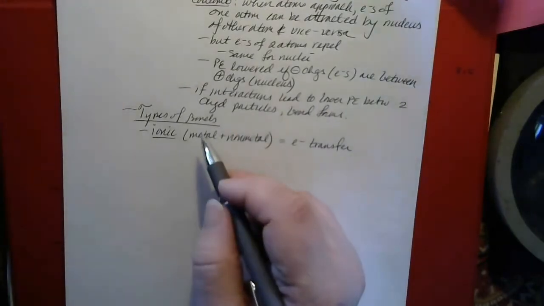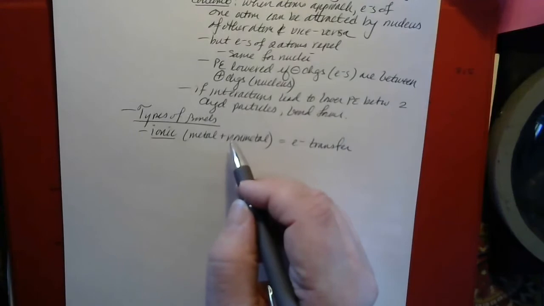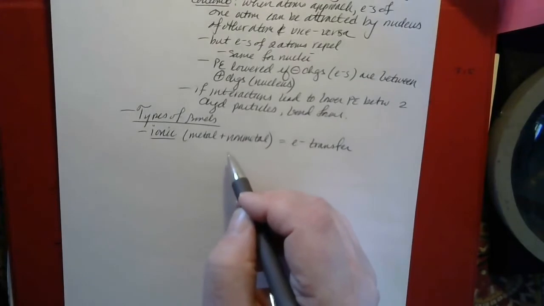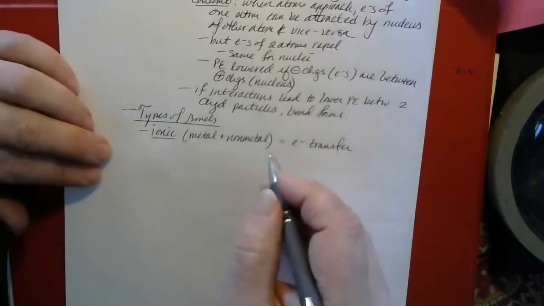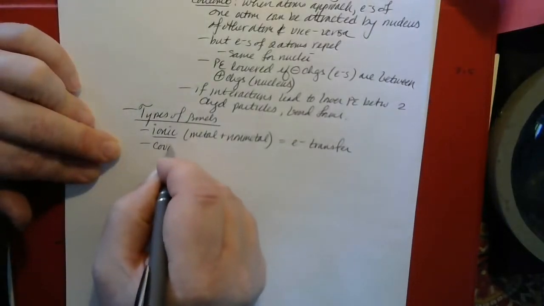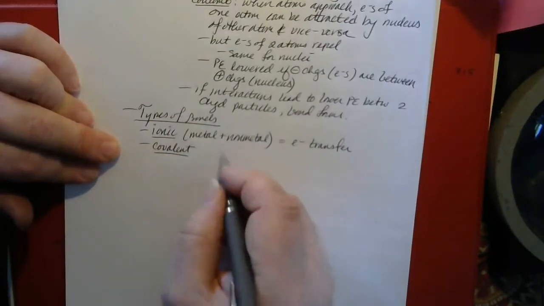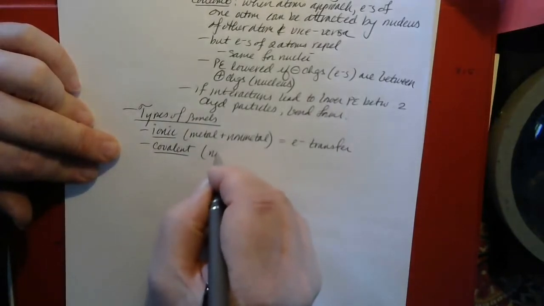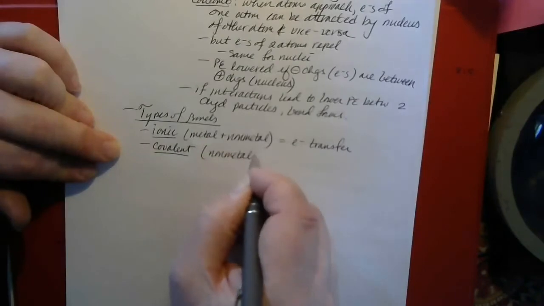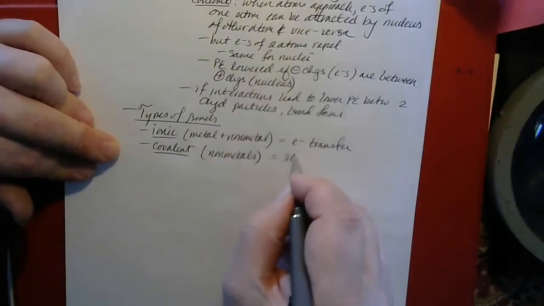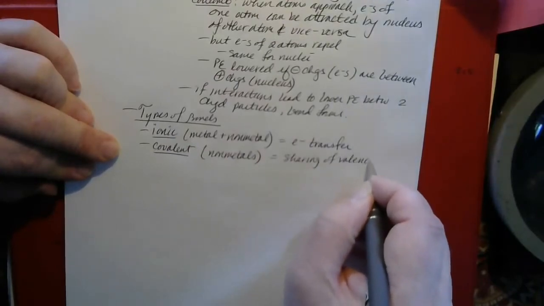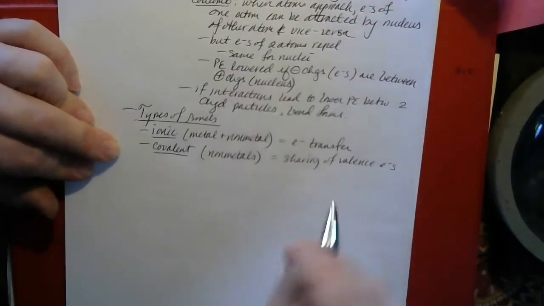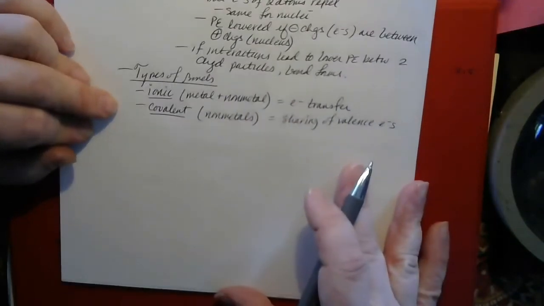So the metal ends up forming a positive ion, and the nonmetal ends up forming a negative ion, the two of which are then attracted to each other, and that attraction between the positive and negative ions is what's known as an ionic bond. Covalent bonding occurs between nonmetals, and that amounts to a sharing of valence electrons between two atoms.